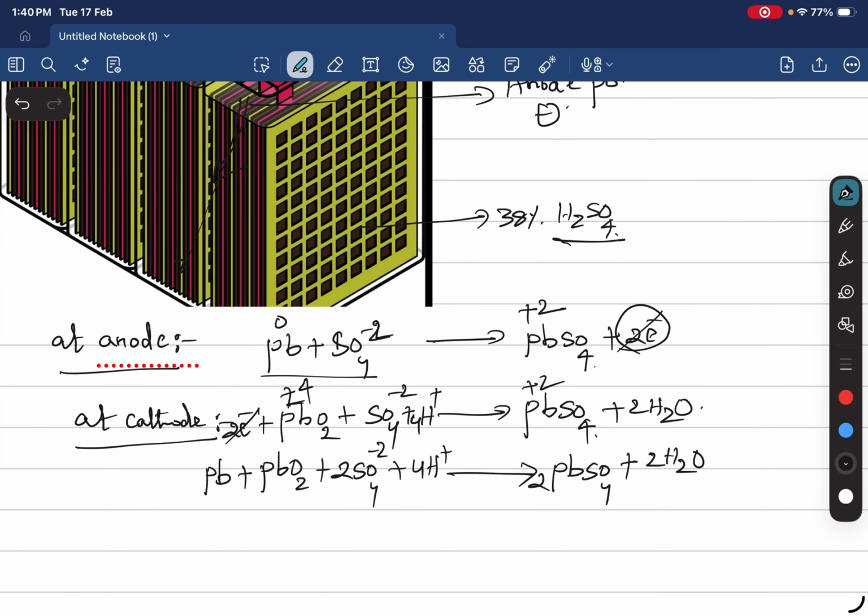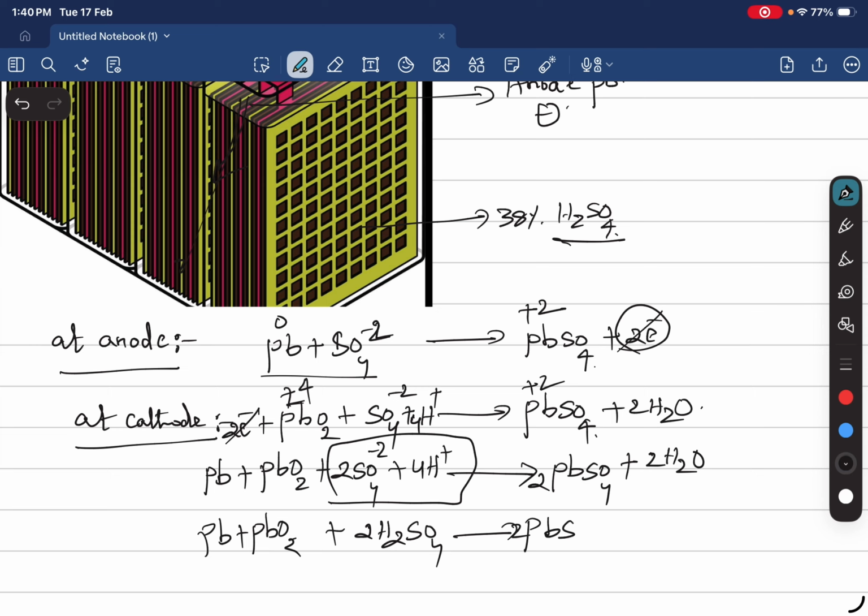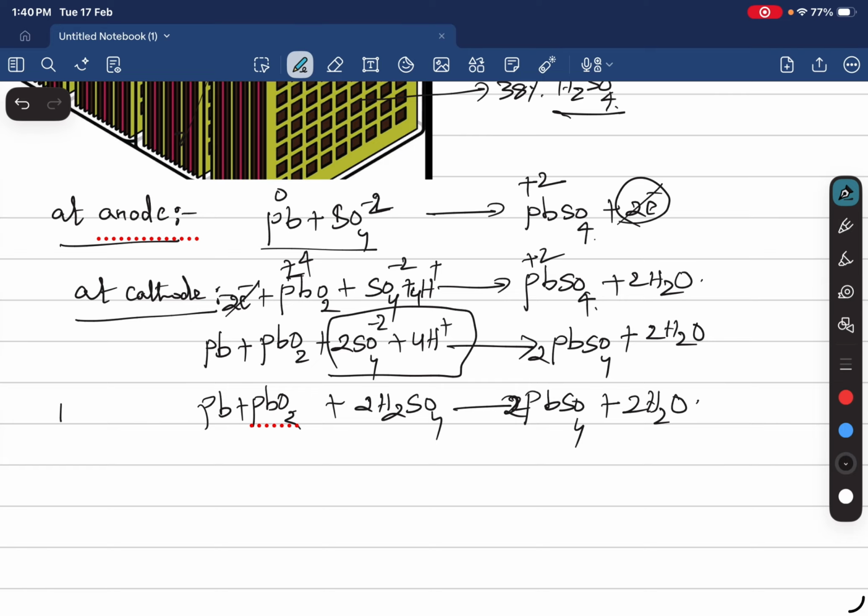Here we can also simplify this together. We can write it as 2H2SO4 plus Pb plus PbO2 gives rise to 2PbSO4 plus 2H2O. This is the reaction which happens during discharge.